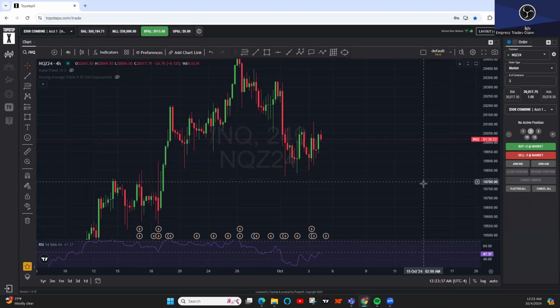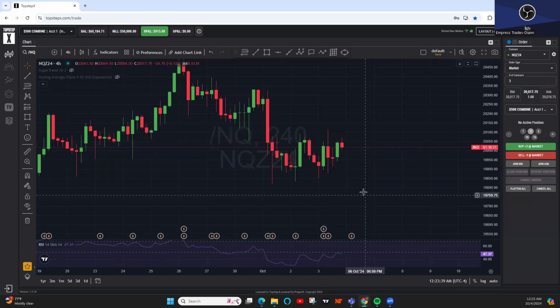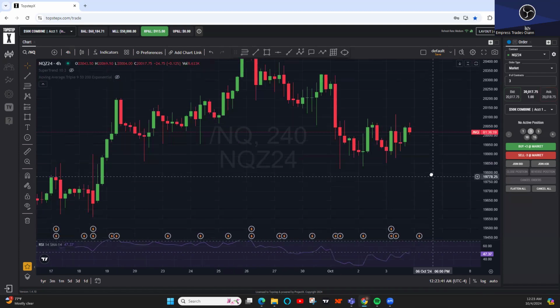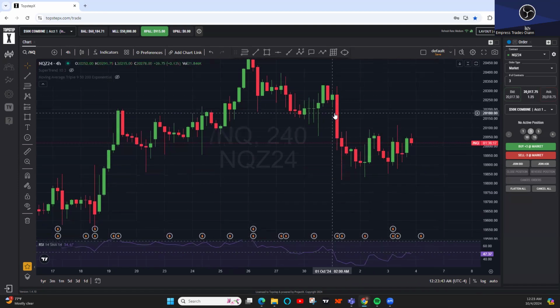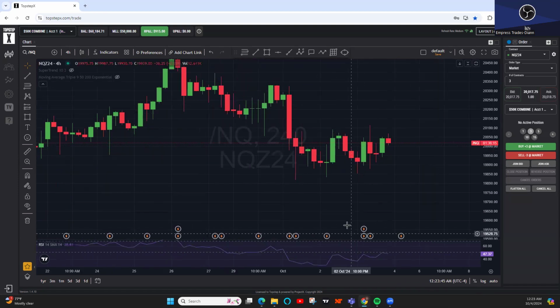Now, how do you draw a fair value gap? A fair value gap consists of three candles. The first candle, the second candle, and the third candle. No more than that. It's a three candle formation.